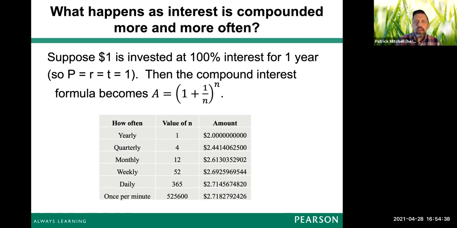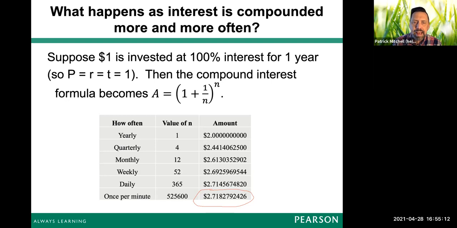And if I do it every minute, and if you're familiar with a certain Broadway show, a certain song might be popping into your head right now, still just a little bit more than $2.71. And I'm wondering, does this number right here remind you of anything that we've talked about recently? 2.7182818285.